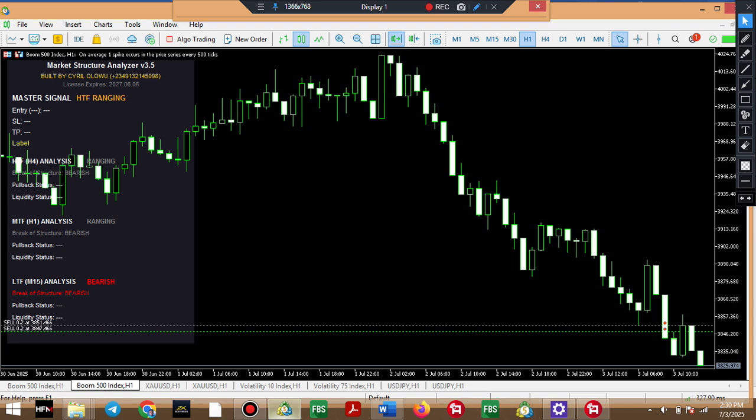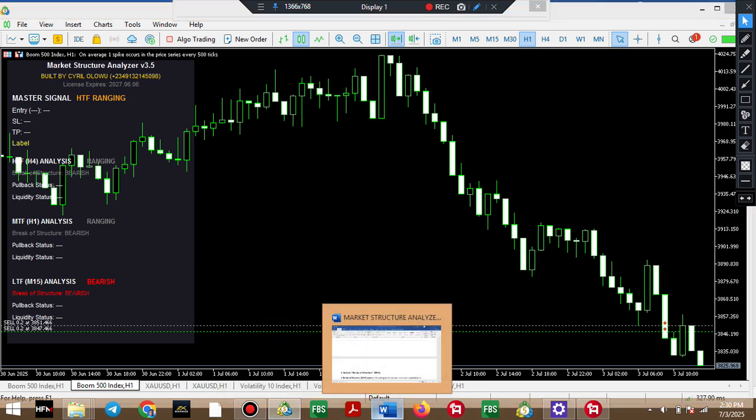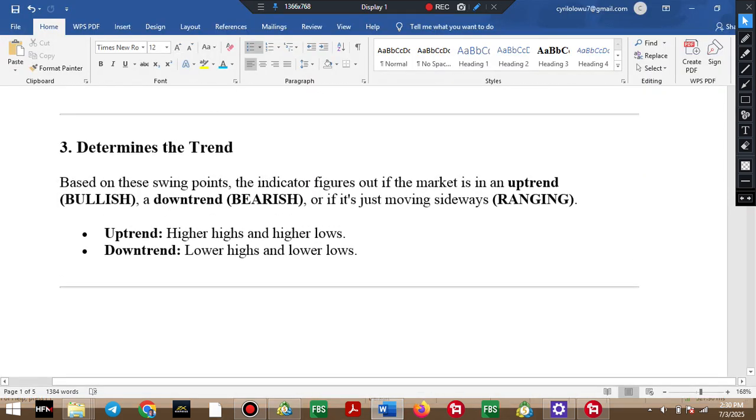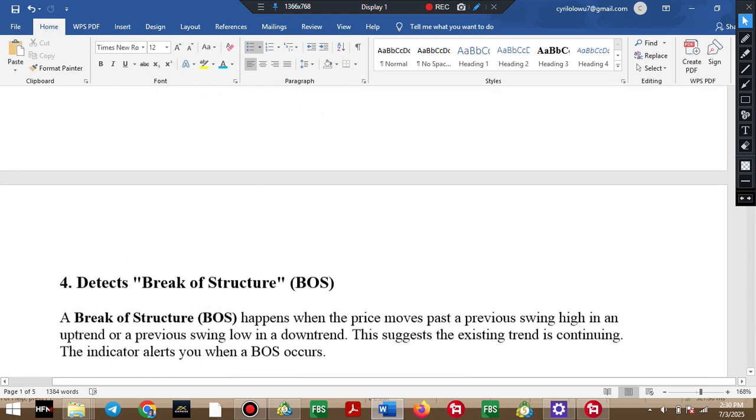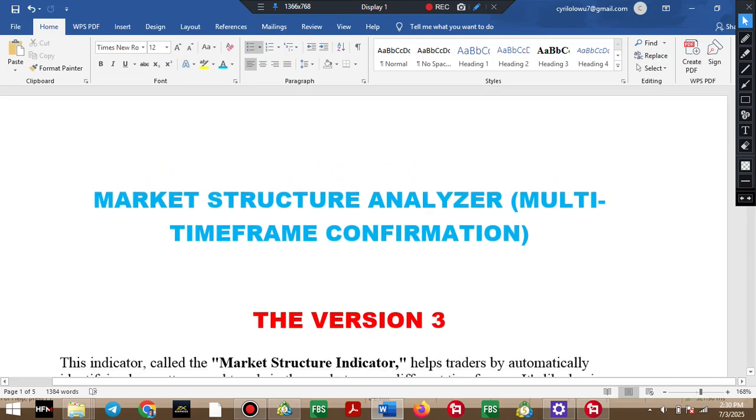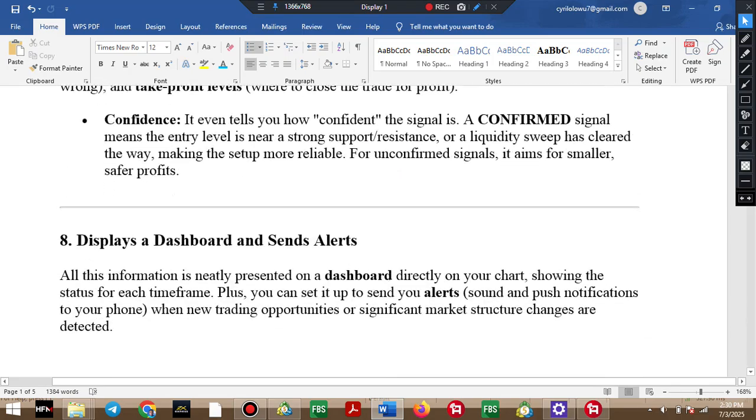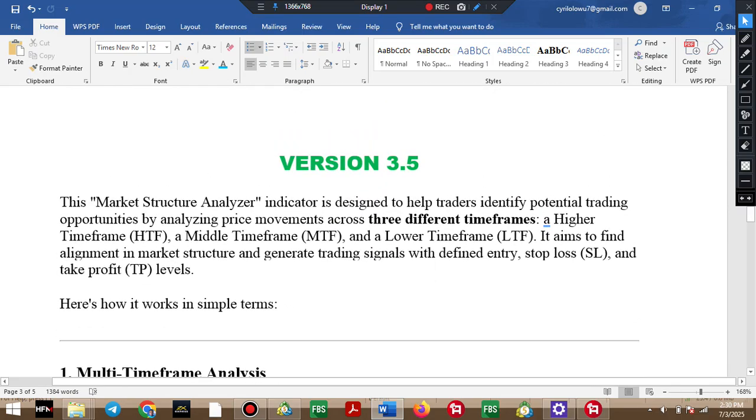I'll explain right away. Now the second version, which is version 3.5, this is it. Version 3.5, this market structure, they almost have everything similar, but I'm going to tell you where the differences are.